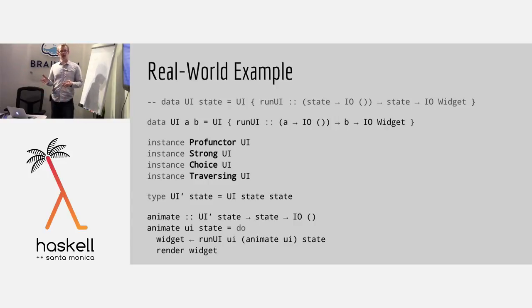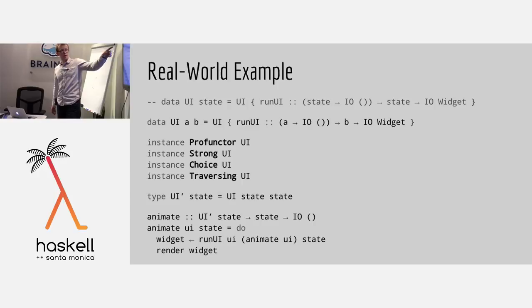If you can show that your thing is an applicative, then you get a whole bunch of functions and combinators to work with that applicative, because the standard library defines functions that work with any applicative. If you can show that it's a monad, you get even more. So for each one of these things, we get more lifting operations and more things we can define to work with our profunctor, right?